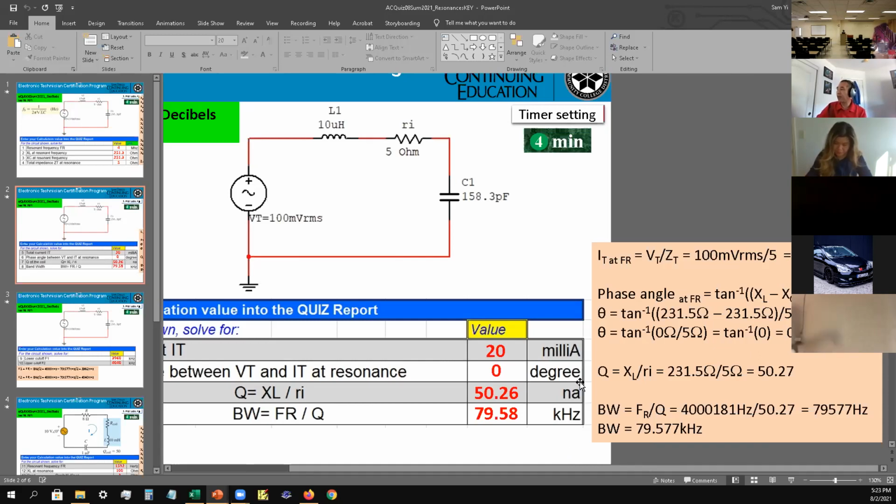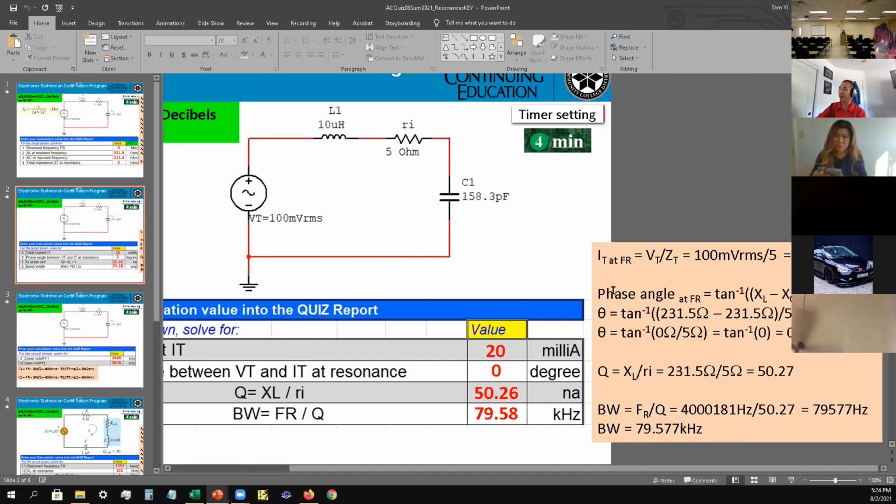Now the phase angle. XL and XC cancel out each other, leaving you just the RI, and RI doesn't have any phase angle. That's why it comes up to 0 degrees. You can put it into the calculator and it will still come up to 0.